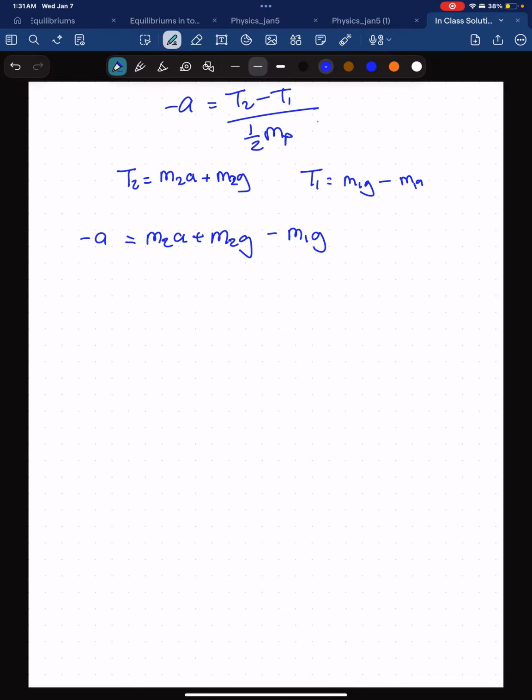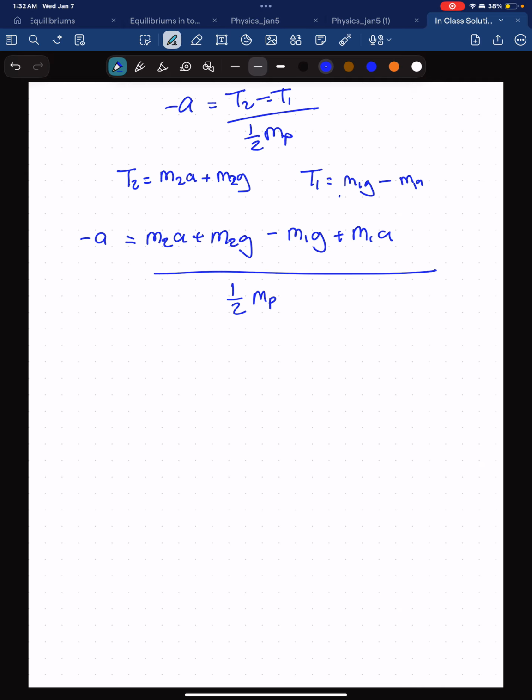With a minus sign there, so that's why it's going to be negated, minus M1G plus M1A. Because you see this minus sign here? If I plug in T1, I have to negate everything there. And it's all over 1/2 MP.